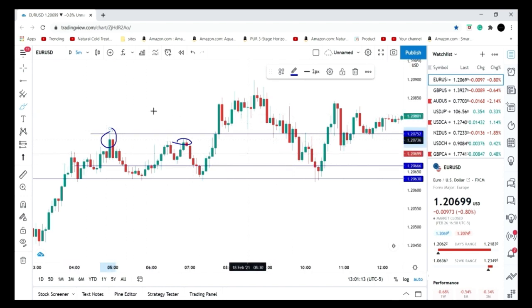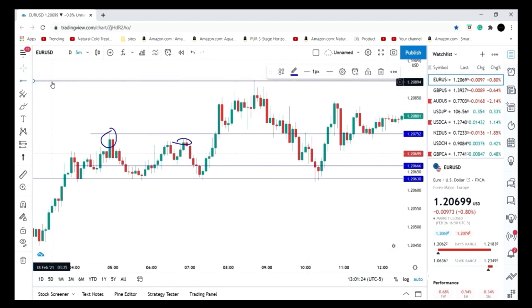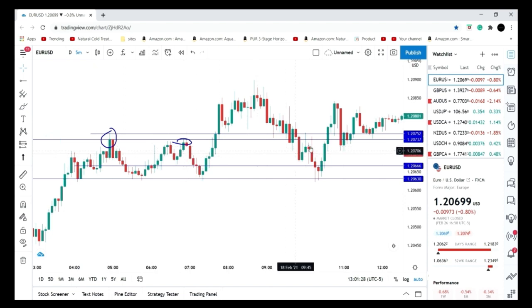We don't want to buy right at the left shoulder resistance because there's a strong possibility as soon as we buy, let me put a line here so you guys can see, as soon as we buy at that left shoulder, let's say we bought this pin bar right here, as soon as you bought right here, guess what? Resistance, boom, stops you out. So you don't want to buy near resistance, all right?